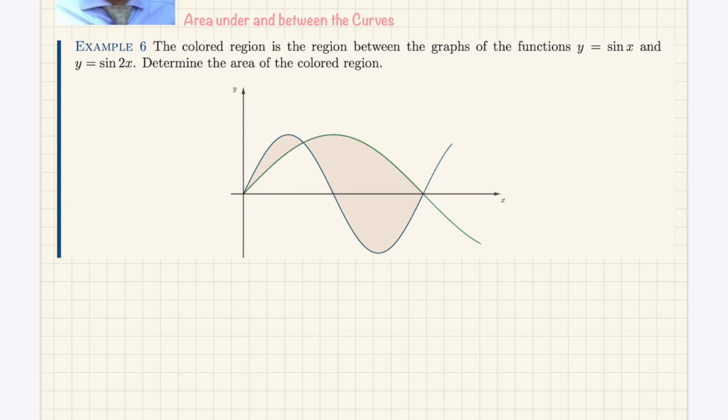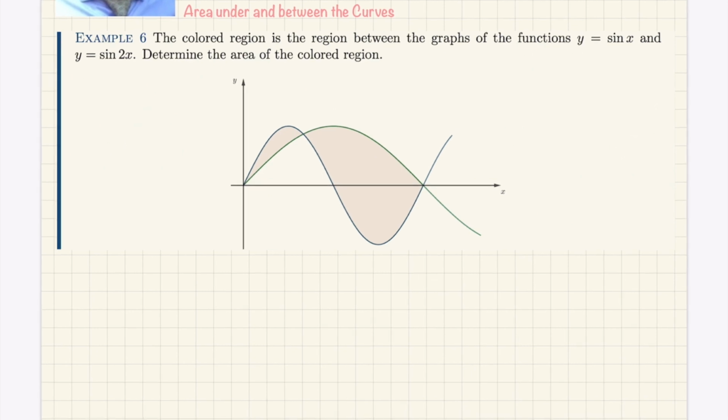So the period of the green one is 2 times the period of the blue one. So that should be this one. The green one is sine x, so let me write it with green. And the blue one is sine 2x.